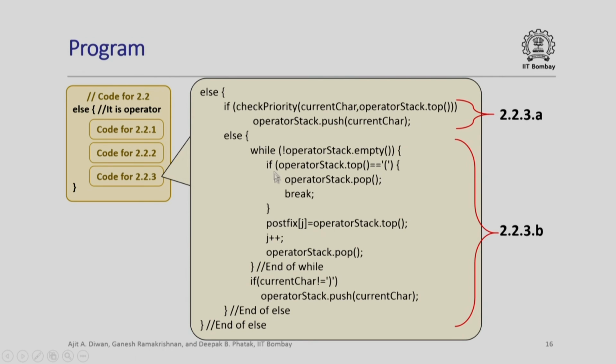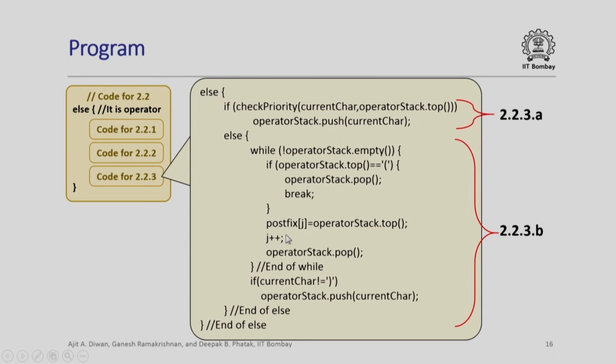So, this is the entire logic of 2.2.3b, which says while the operator stack is not empty, if the operator stack top is an opening parenthesis, then I pop it off and break.